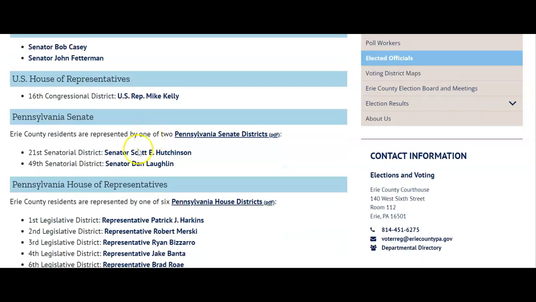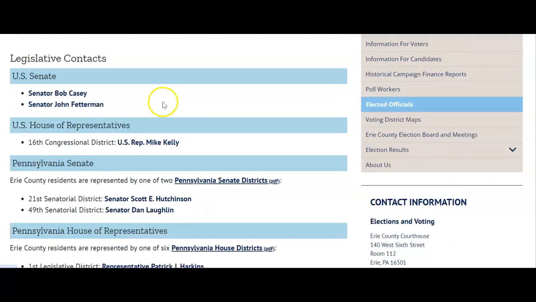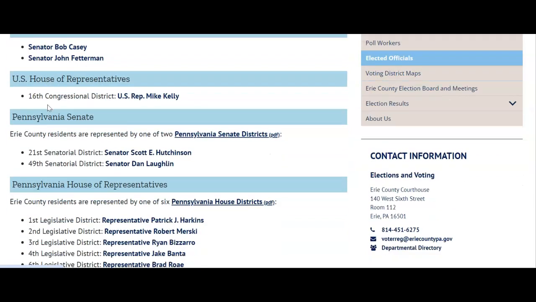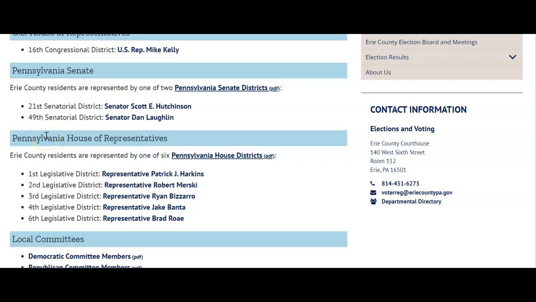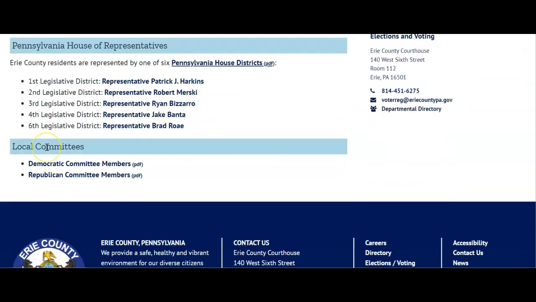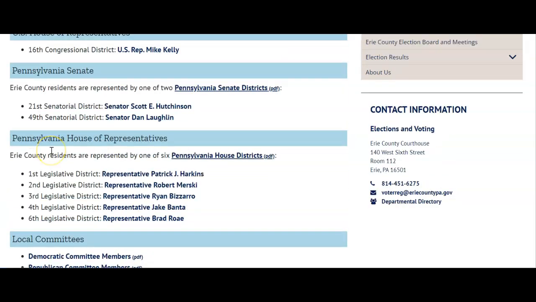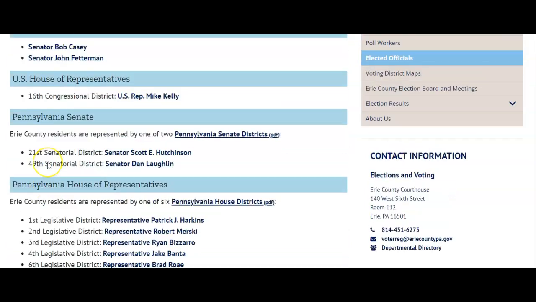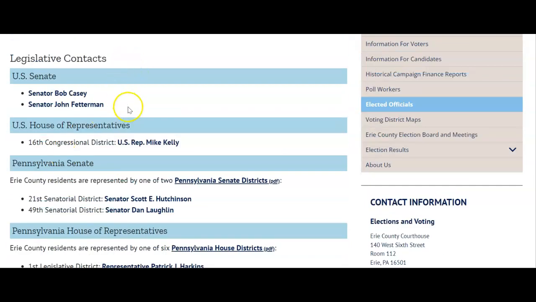If we're looking at the Congress, U.S. Representative Mike Kelly might be somebody I can be speaking to, or the Senate. It just depends on what I'm looking for, but it gives me more information about being a resident of Erie County, Pennsylvania, and who my elected officials are, in case I don't already know, which is often the case.